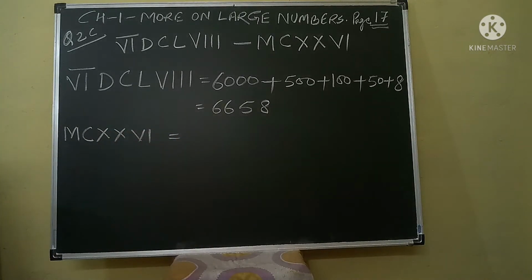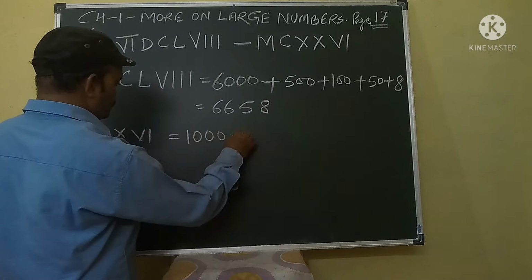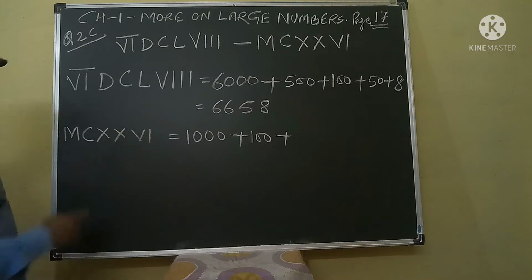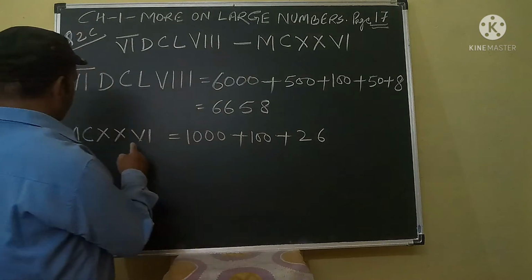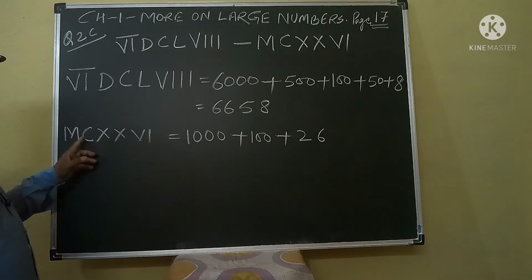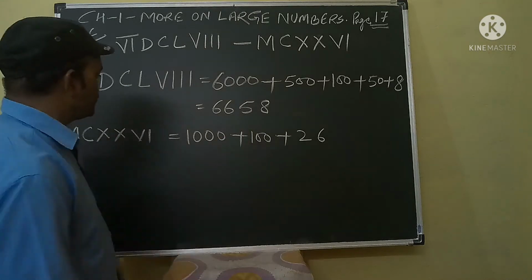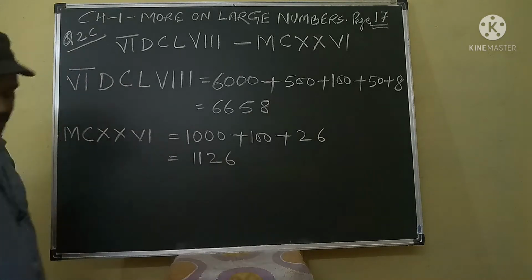M is 1000, C means 100, X means 20, and plus 6, this is 26. After adding, you will get 1126.